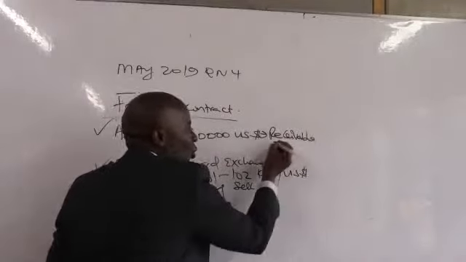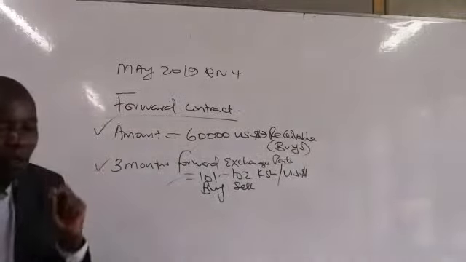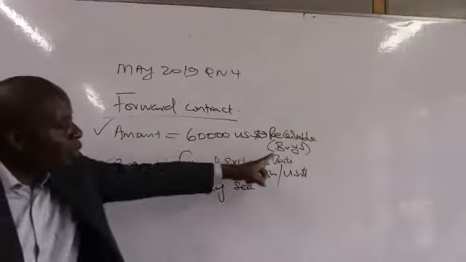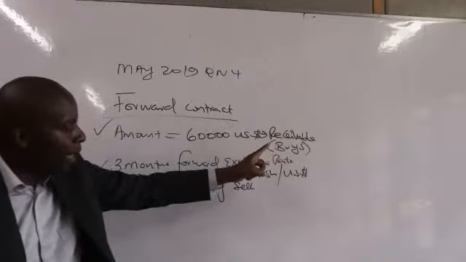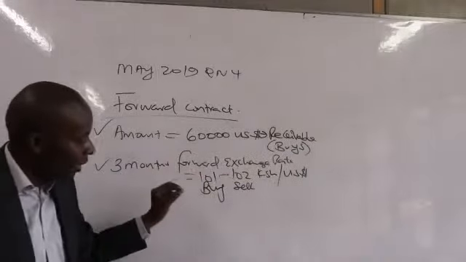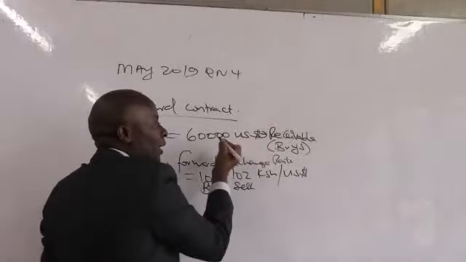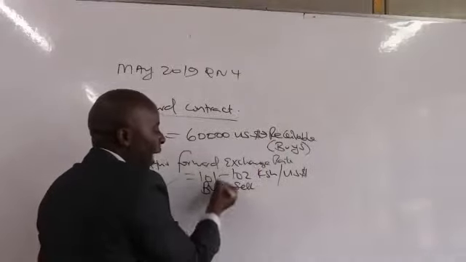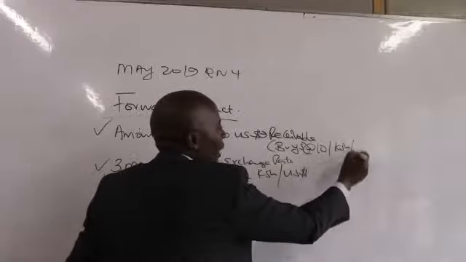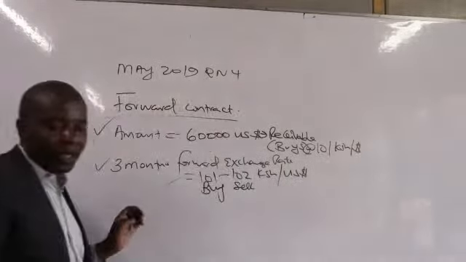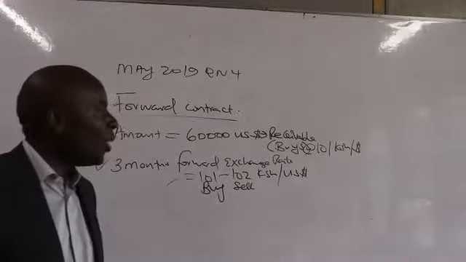And of course, as you are aware, for all foreign currency receivables, the bank will always be buying. Because you have designated 101 as the buying rate, for a receivable of 60,000 the bank is going to buy at 101 Kenya shillings per dollar.